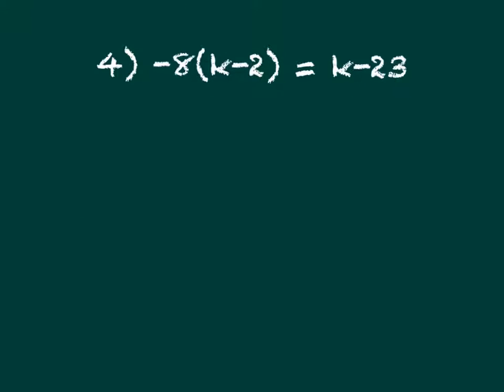Okay, so here's our final example on page 19 of your packet. So looking at this one, again, the first thing that I wanted to do is distribute. I'm going to distribute the negative 8 to the k and the negative 8 to the negative 2, and I get negative 8k plus 16 equals k minus 23.